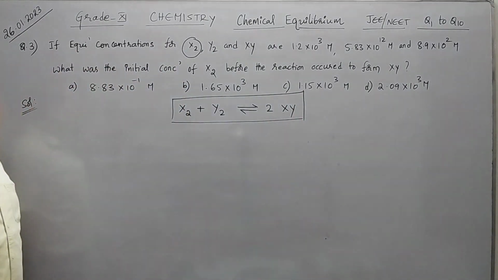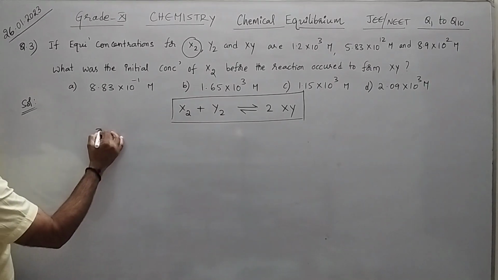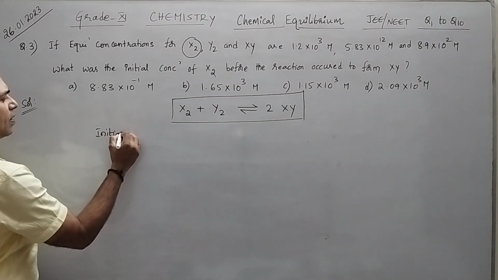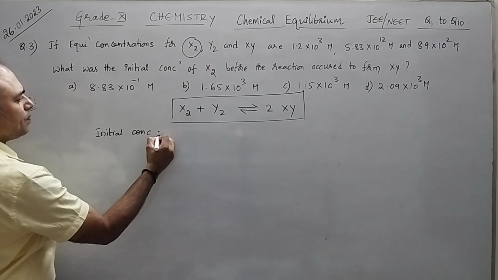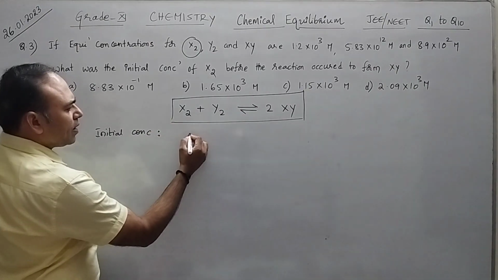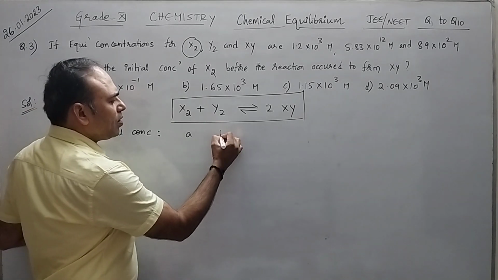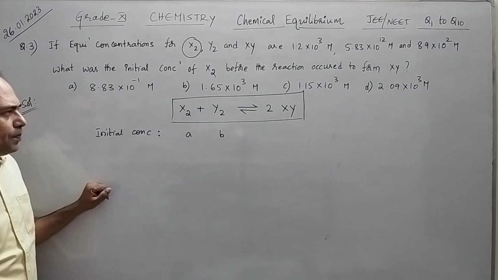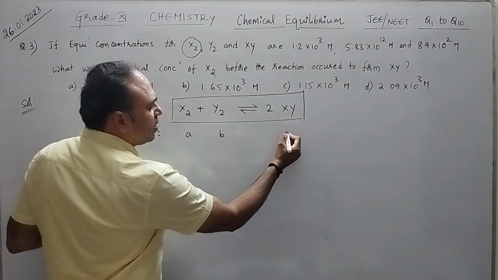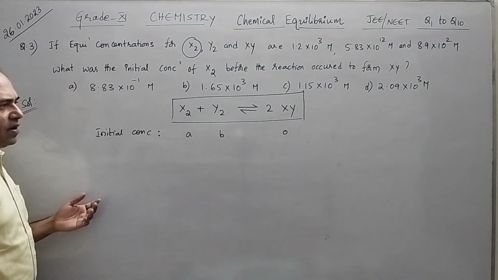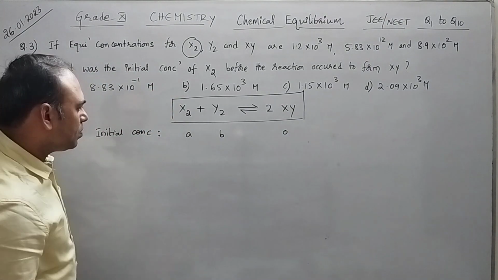Now you know the standard method. What is the standard method? First one, we have to write the initial concentration. So let us suppose you take the initial concentration of x2 as small a and the initial concentration of y2 as small b. And product is not formed in the beginning of the reaction, so you take it as 0.